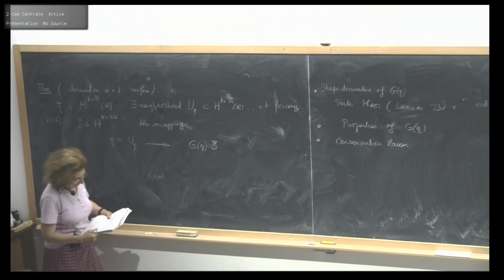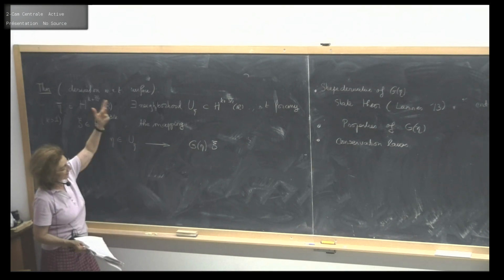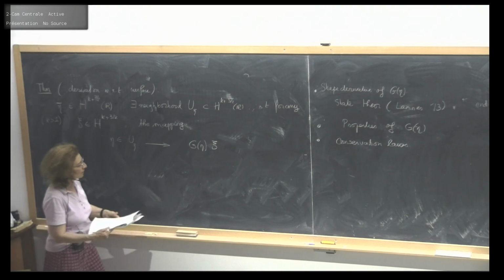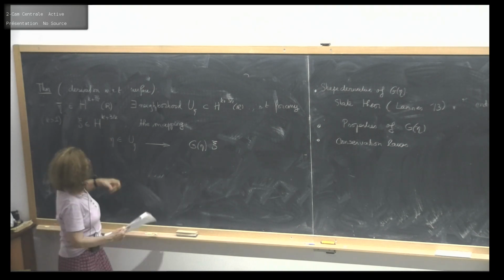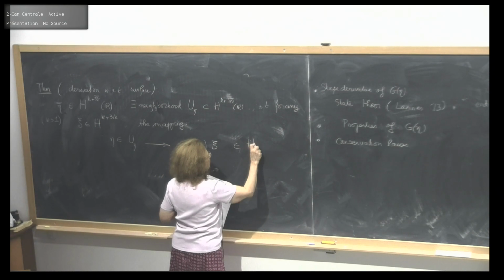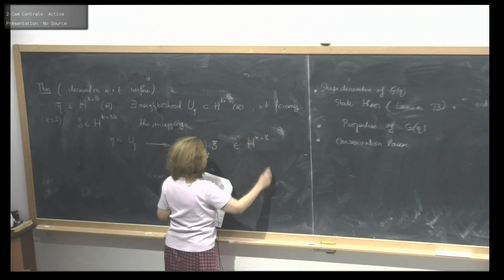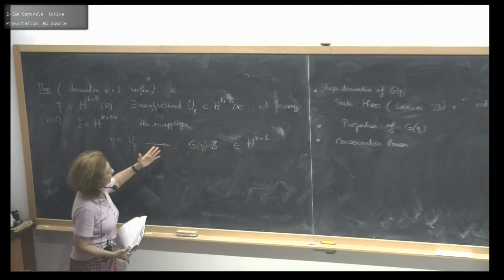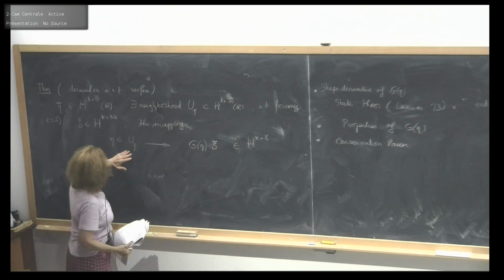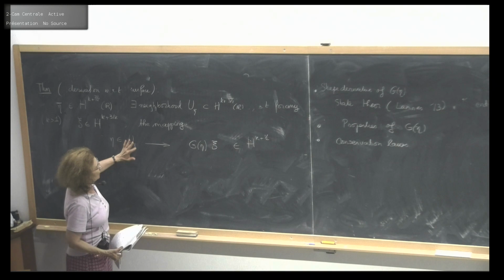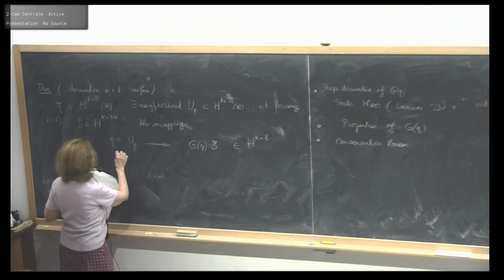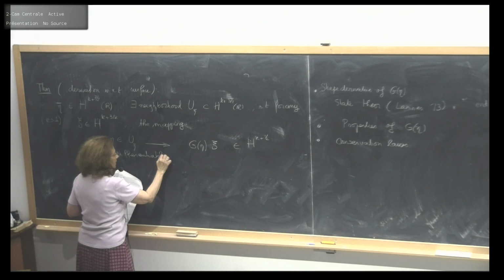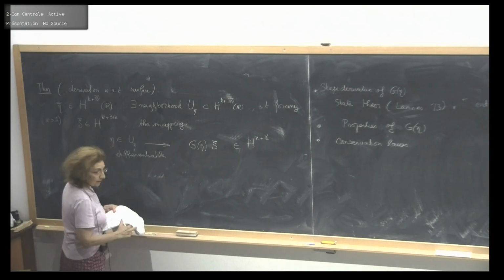We have not proved it yet, because this property of G comes later, but we already have a sense that G is an operator of order 1. So if xi is in H^{k+3/2}, then this is in H^{k+1/2}. So this map is well defined, and it's differentiable.